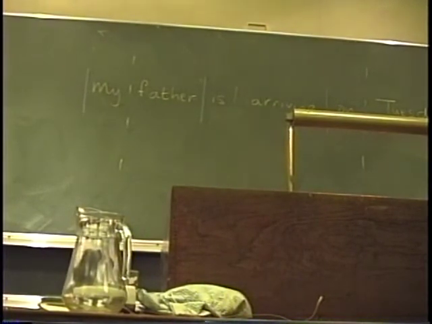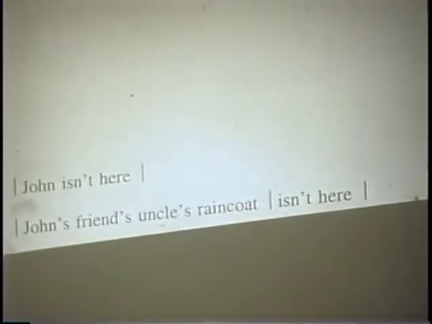So, if we go back to that sentence, where now the noun phrase subject of the sentence is John's friend's uncle's raincoat rather than John, it's more likely that I will have two word groups. So John isn't here with one word group, but more likely something like John's friend's uncle's raincoat isn't here. Okay.